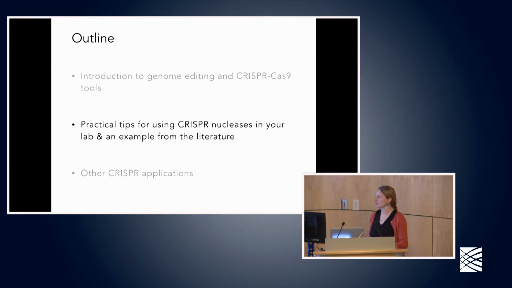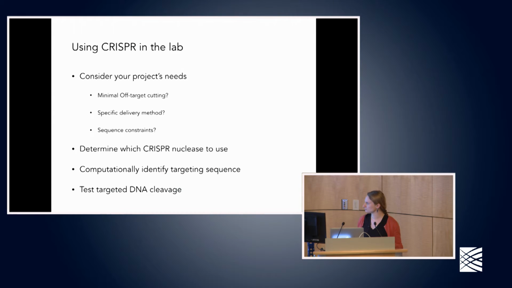Okay, so here are some practical tips for using CRISPR nucleases in your lab, and then I'll go through an example, walking through these practical tips. When considering using CRISPR in your lab, here is a checklist that I like to go through when doing a targeted genome editing project.